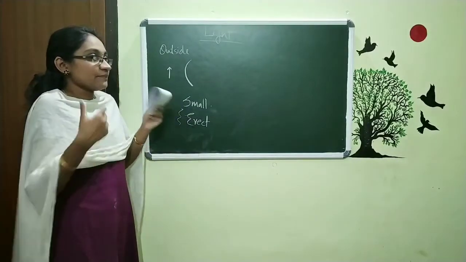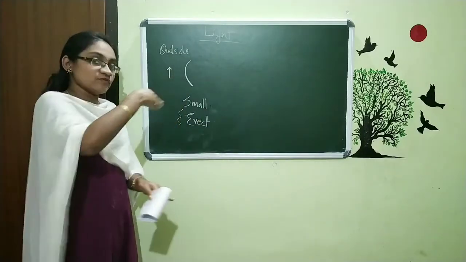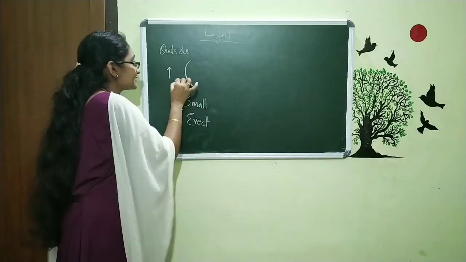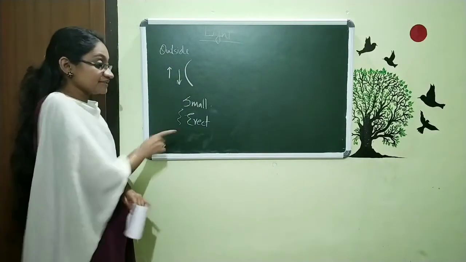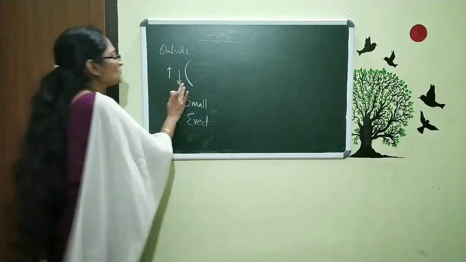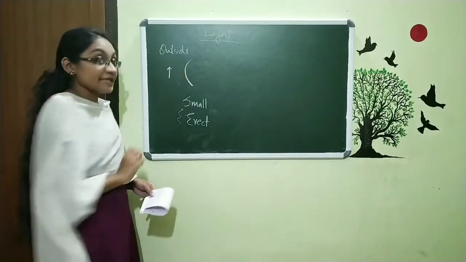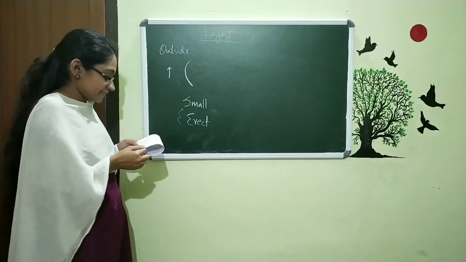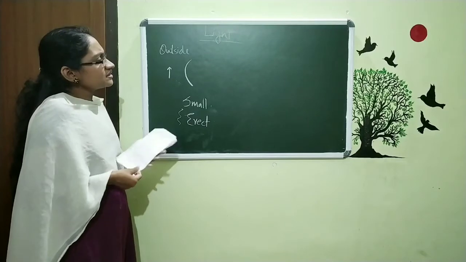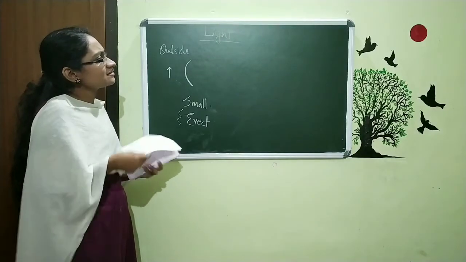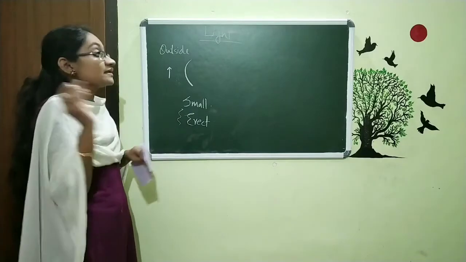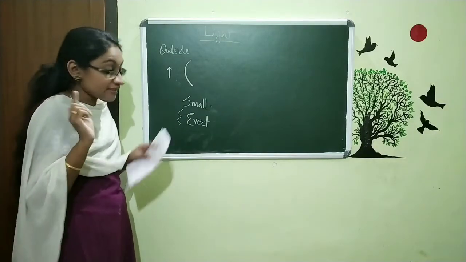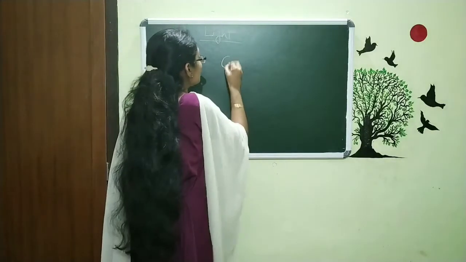Suppose I get the image inverted, with my head down here, then I would call it an inverted image. In this case, it is an erect image. And now the question is: what is the name of this spherical mirror? The name of this spherical mirror is convex.